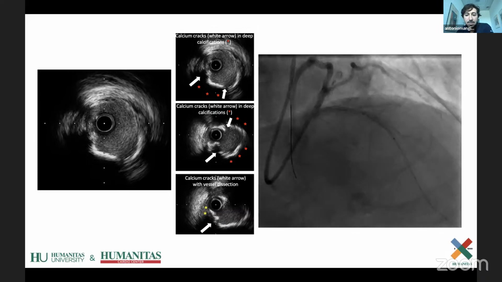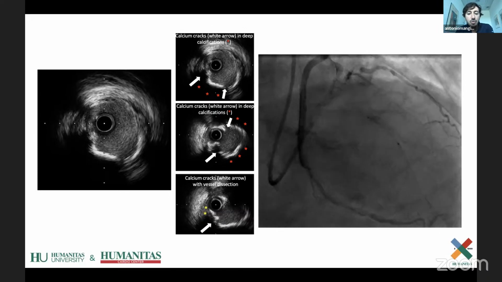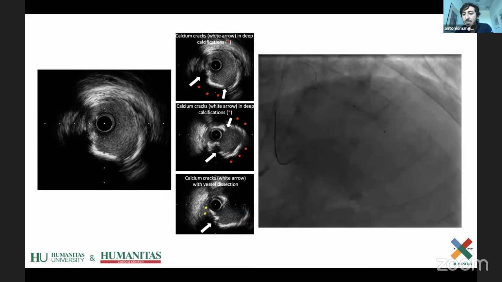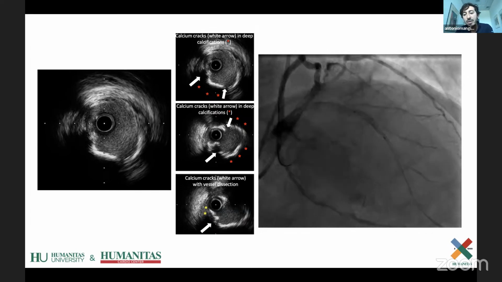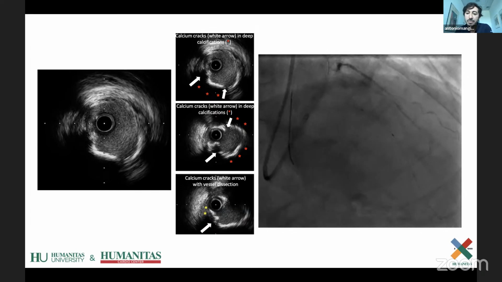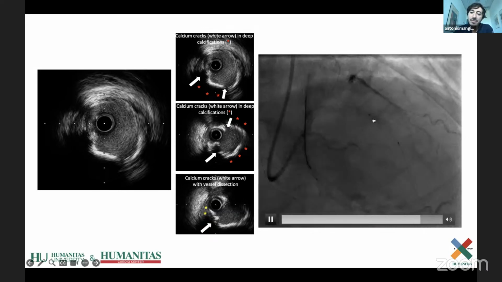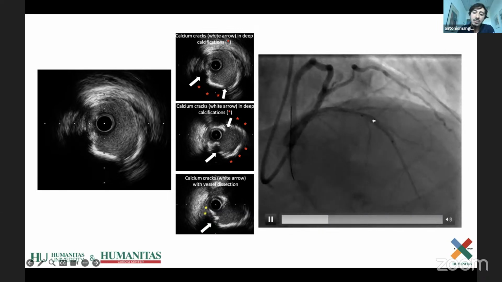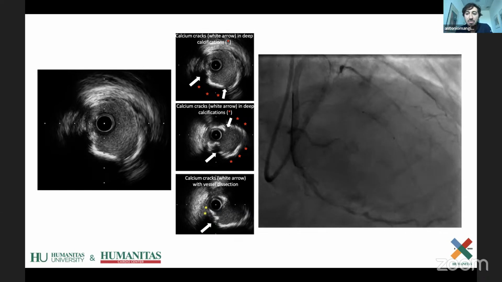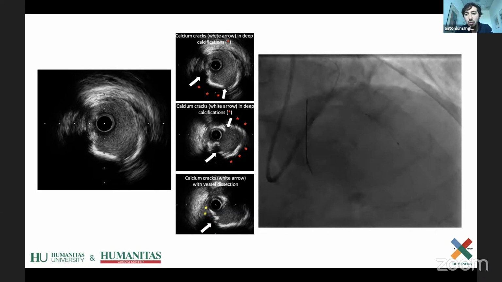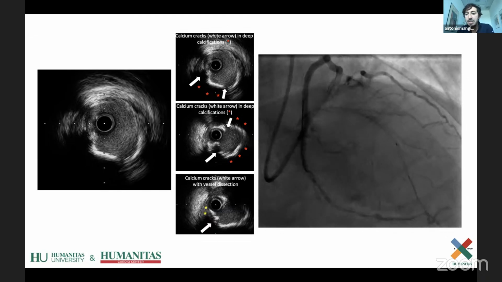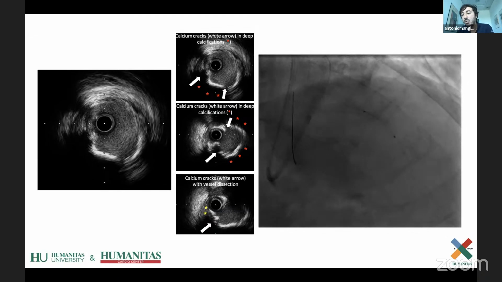You see some cracks in the calcium. Doing an injection with the balloon inside the vessel, you see a good flow. There's some dissection in the mid portion, but even with the balloon inside, the distal flow is fine. So it means you have achieved a good result in terms of minimal lumen area.